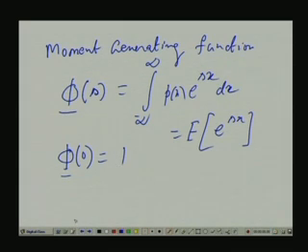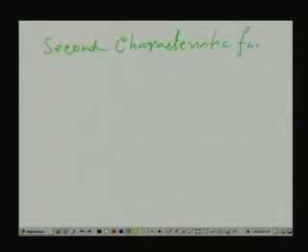And then there is another function that is called the second characteristic function. Here instead of taking phi omega or phi underscore s, we rather concentrate on their logarithms.